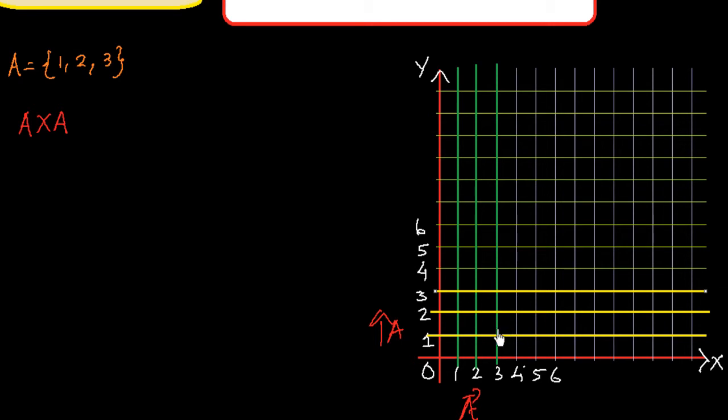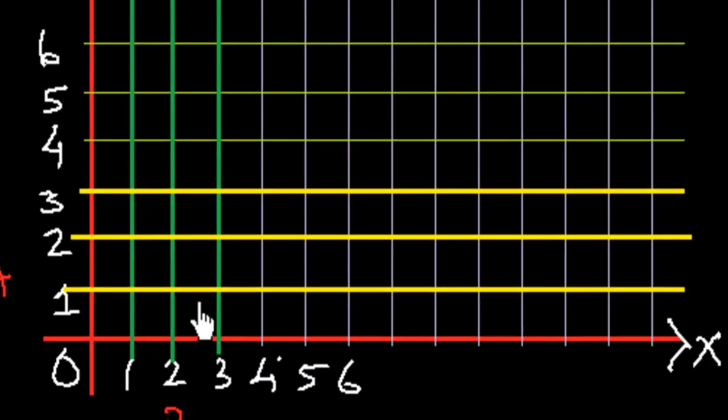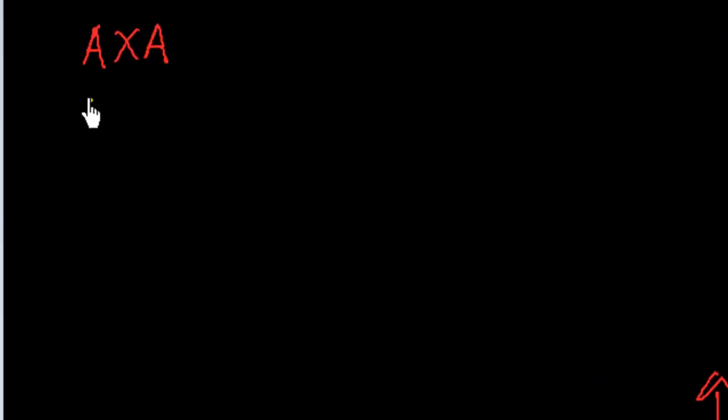So we have plotted these lines parallel to the y-axis and parallel to the x-axis. Now we see the intersecting points of these horizontal and vertical lines: 1, 2, 3, 4, 5, 6, 7, 8, 9. We get 9 points, because there are 3 elements in A and 3 in the other A, so we get 9 ordered pairs.